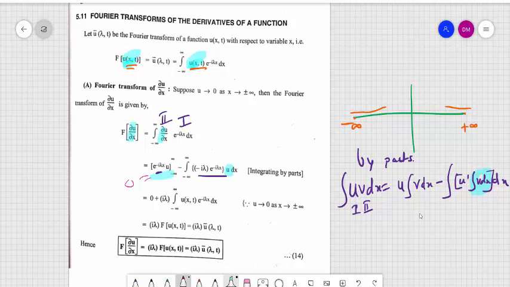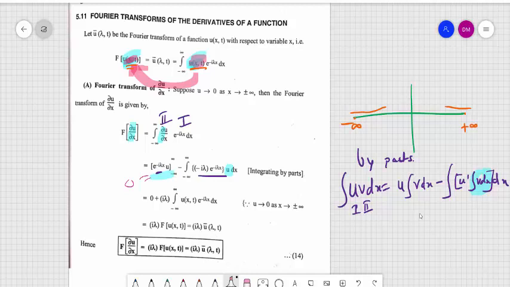Again use the definition. What is the definition? See, if this is a function, then that is nothing but the Fourier transform of this function. So here u is there, so by the definition this is the Fourier transform, and that is nothing but u bar.